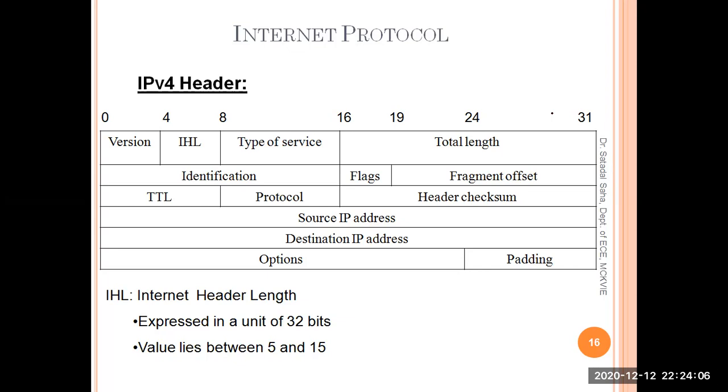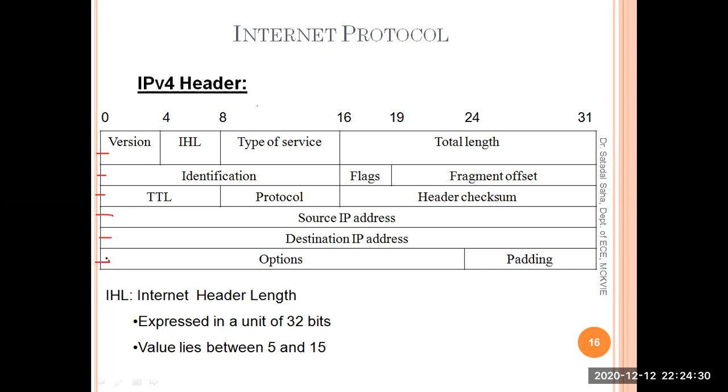Because as you have seen, in this header there are 5 compulsory rows, that is this one, 1, 2, 3, 4 and 5, and for each row the length is 32 bits, and IHL is counted in terms of 32 bits. So for these 5 rows the count will be 5. This is the minimum header length, and there may be some options.